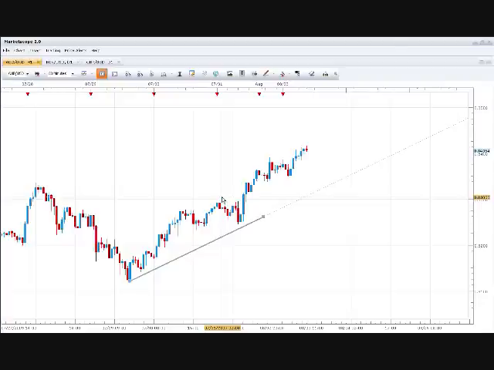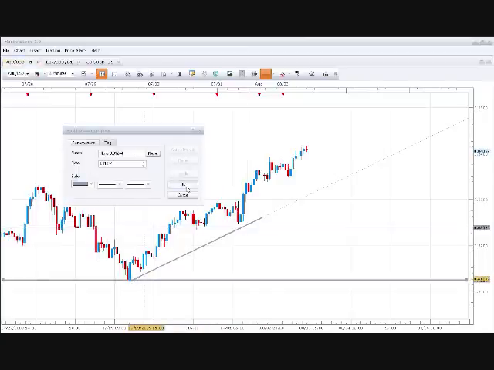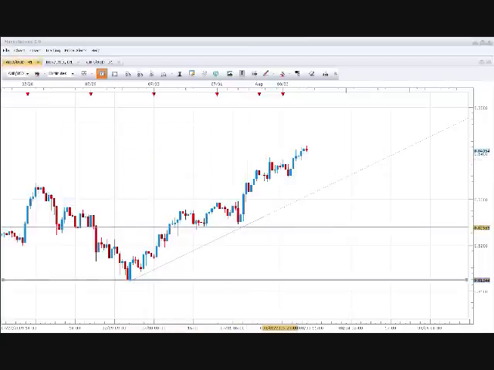Fantastic. Now the next thing I want to do is measure the distance between this low and that low. So I'm going to draw my horizontal lines, 1 and 2. To measure that, you simply look at the price.